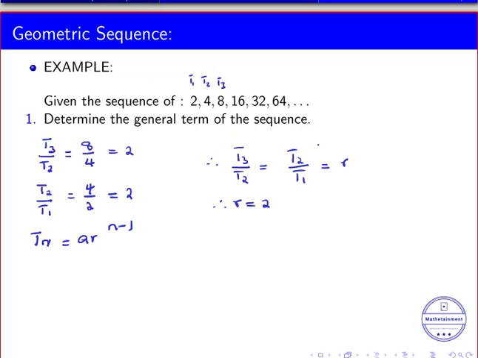We said our first term is T1. You can also write your first term as A, or our first term is also denoted by A. So my A here is 2. So I have my A as 2, I have my r as 2, meaning I can write my general term to be 2 times 2 to the power of n minus 1.